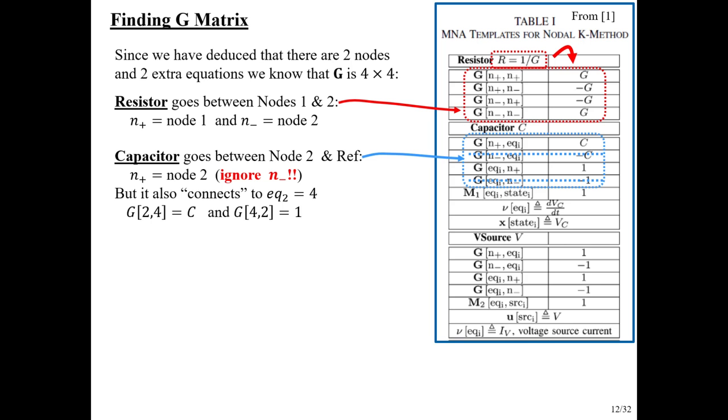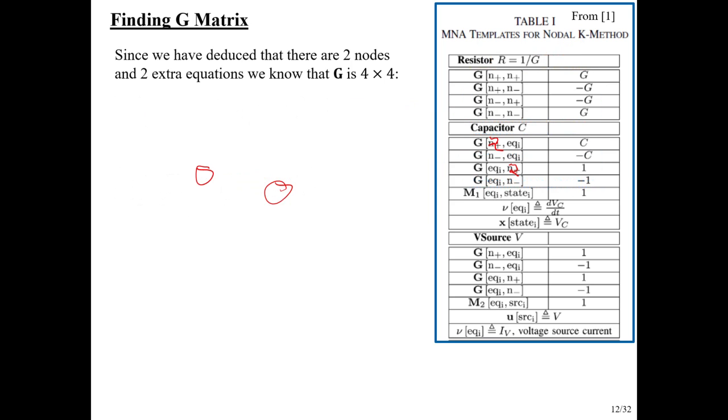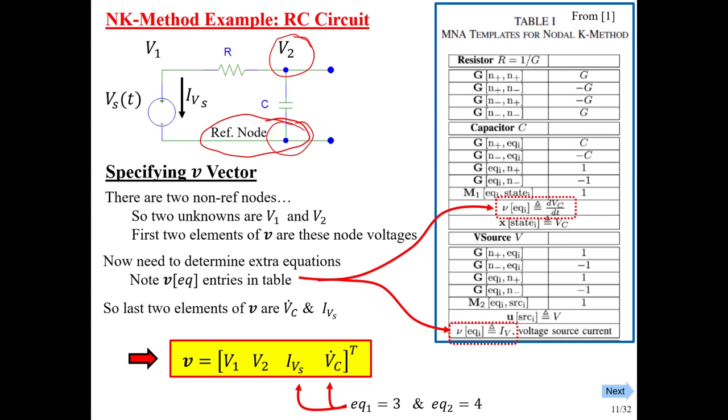And so what is it? Well, N plus is 2. So I've got a 2 there and a 2 here. And EQ1, well, what are EQ2, right? So my EQ2 is the one that corresponds to the capacitor. So I come back here and I say, oh, there's my capacitor.